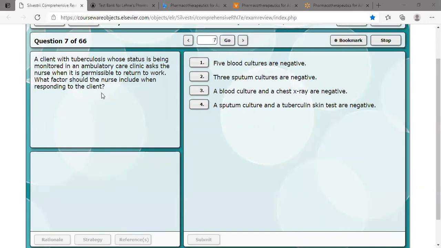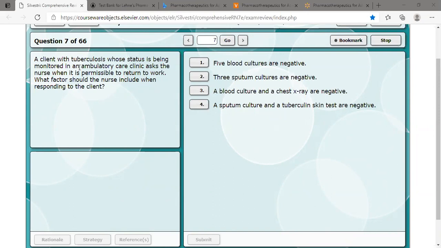So when should a TB or tuberculosis patient go to work? Because tuberculosis is an airborne disease. It is contagious and easily infects other persons who come in contact, right?